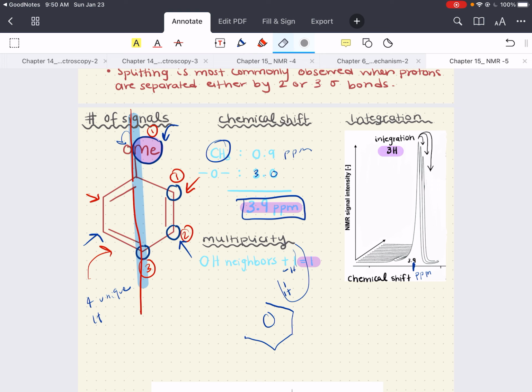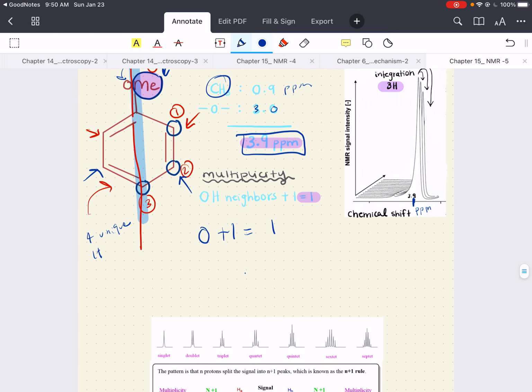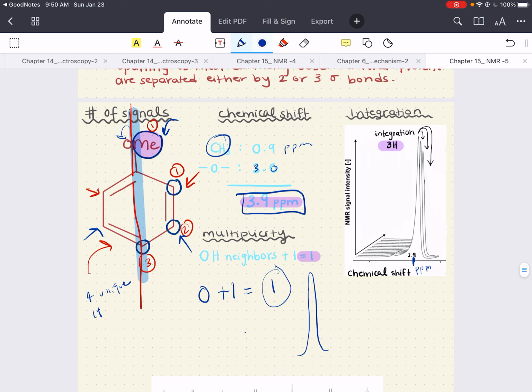So they have 0. So we write 0 neighboring hydrogens, and then we always add plus 1 for multiplicity. What that means is the signal for the methyl hydrogens is going to appear as a singlet. So just 1 peak. I can't draw this very well. So at 3.9 ppm for our methyl group, for the 3 hydrogens on methyl, the peak is just going to appear as a singlet, just 1 peak.